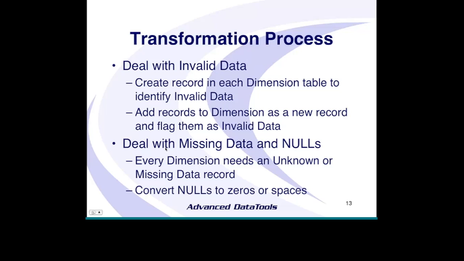That gives users an easy way to go back, search, and find bad data and fix it. You want that bad data in the data warehouse so users know about it. You don't want to reject it and not fix it.